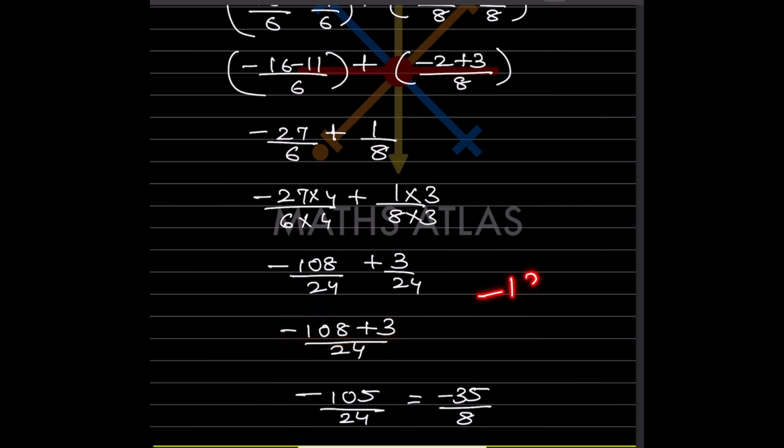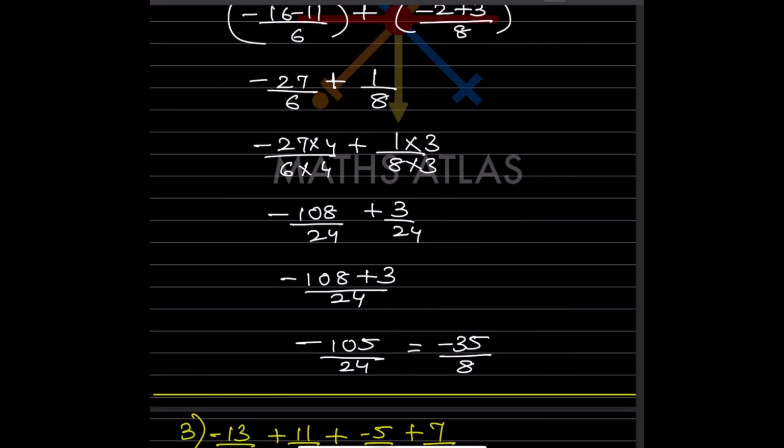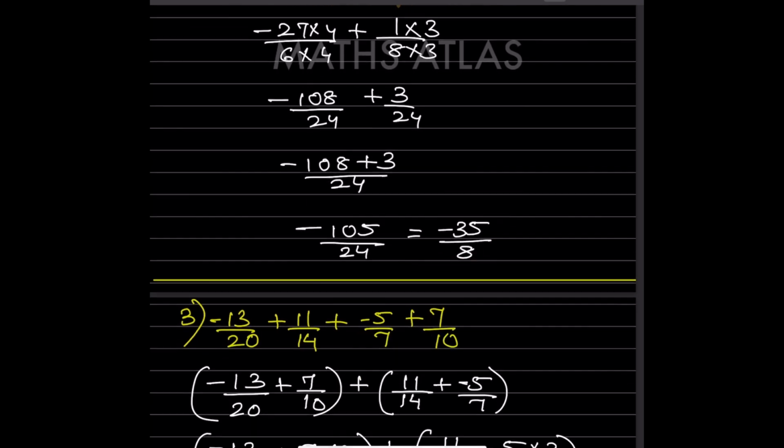So minus 108 plus 3, that is going to be minus 105 by 24. And this we can simplify. So 3 8s are 24 and 3 35s are 105. Again for this one we can also write a minus here, 35 by 8, because that is going to be 8 4s are 32, so 4 integers and 3 by 8, or we can keep it as it is.